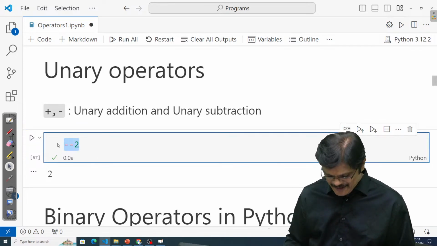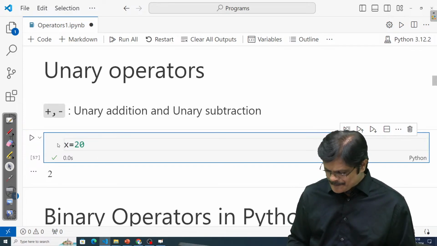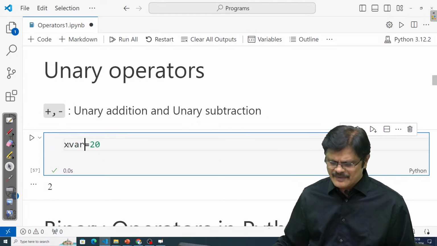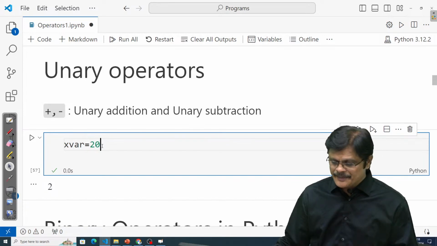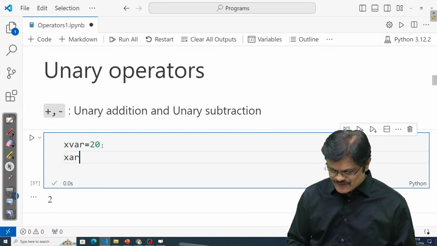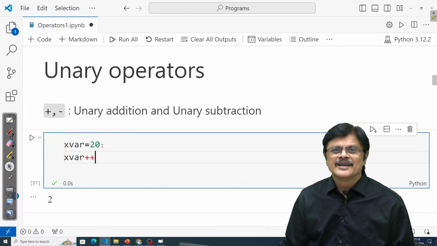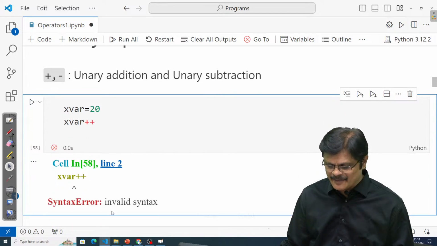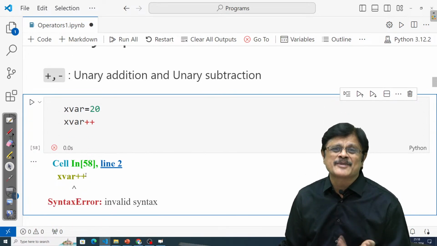Suppose you have x is equal to 20, or just call it the x variable. And if I want to write x variable plus, in C language it has a meaning, but here it does not have any meaning, sir, because we do not have any such plus syntax.